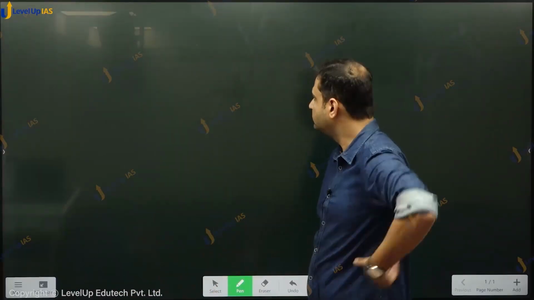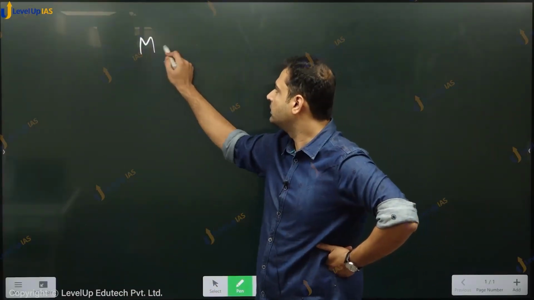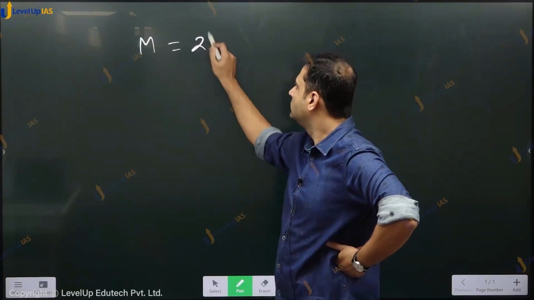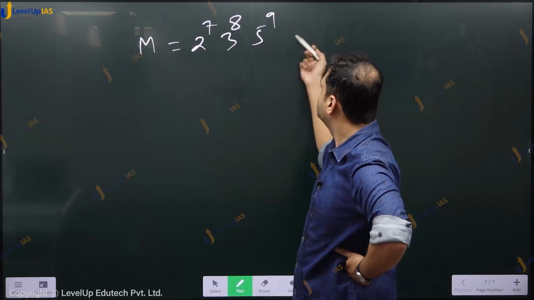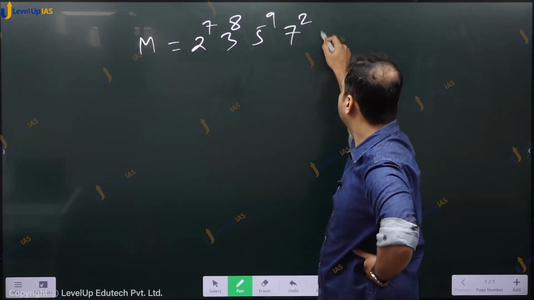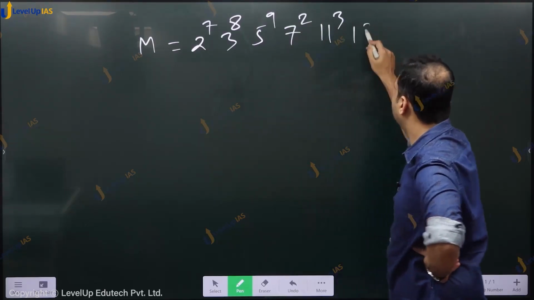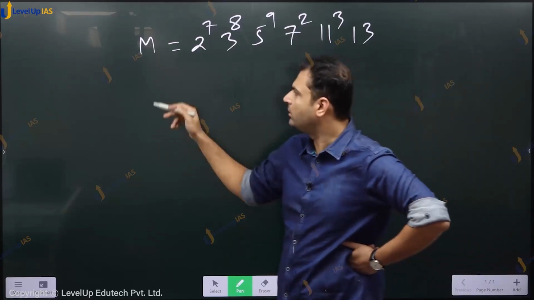For example, if I take any two numbers, let us say M is equal to 2 raised to 7, 3 raised to 8, 5 raised to 9, 7 square, 11 cube and 13. Okay, any random number I am taking.